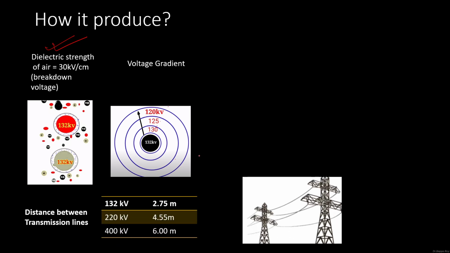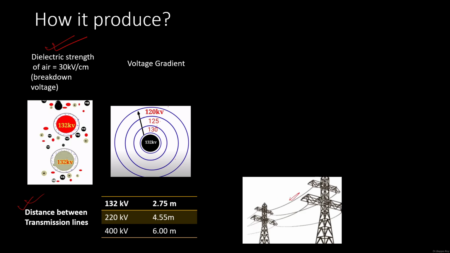We have not yet come to the next factor, but we have already discussed a little bit of how it is produced. But let's go for this also. First, the distance between transmission lines.